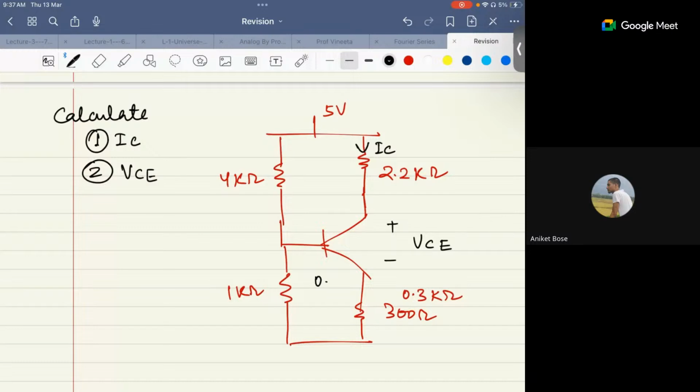VBE is given as 0.7. This is an NPN transistor. What else do you need? Nothing, right? Beta is very high. Similar question, but this is what will be asked. So try it out. This is also much easier.